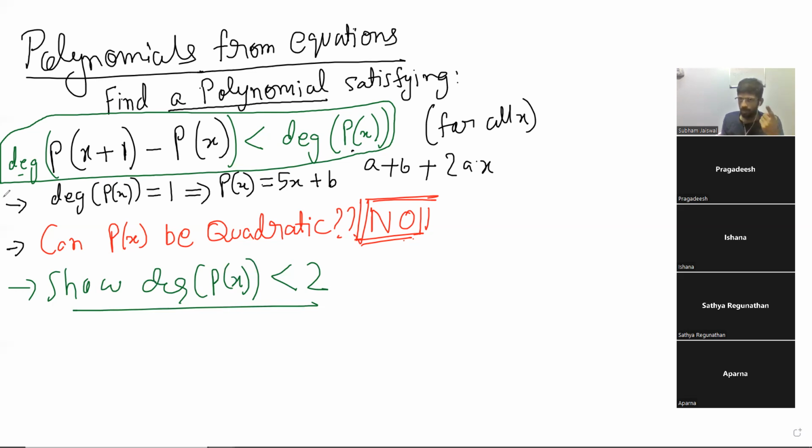When you do calculus, you will also see differentiation does this. Differentiation of x to the n is n times x to the n minus 1. Maybe you have at least heard it. The degree comes down by 1.